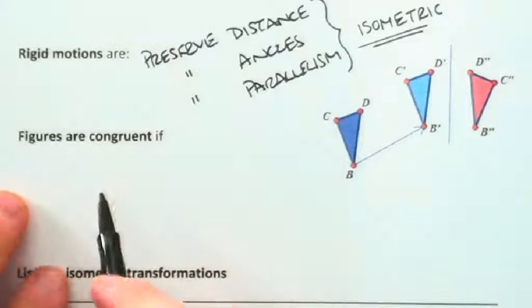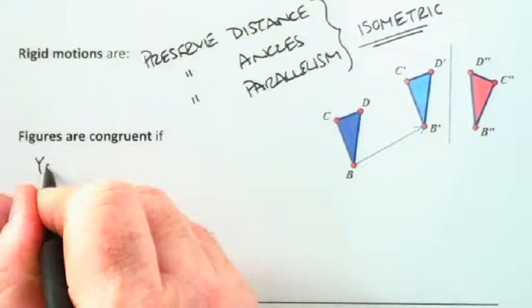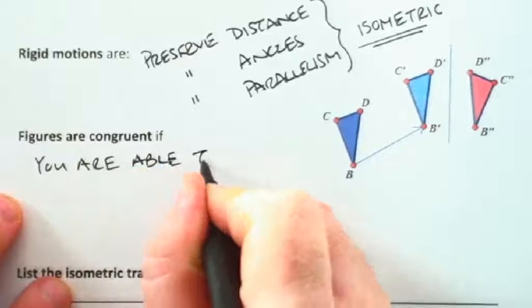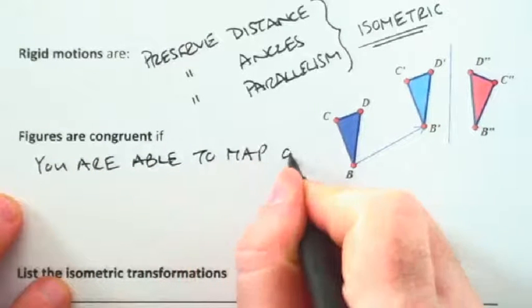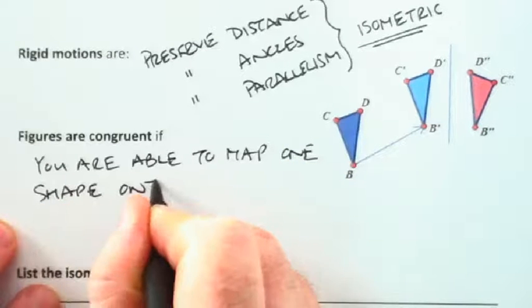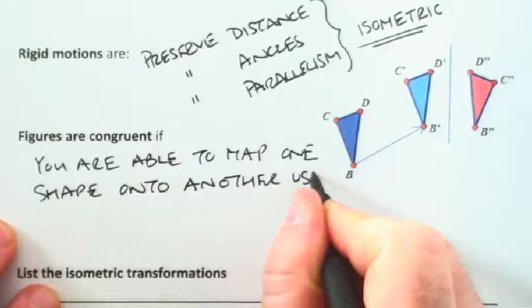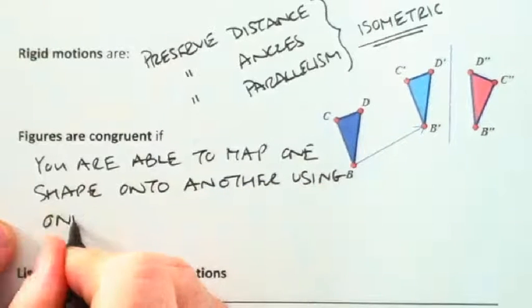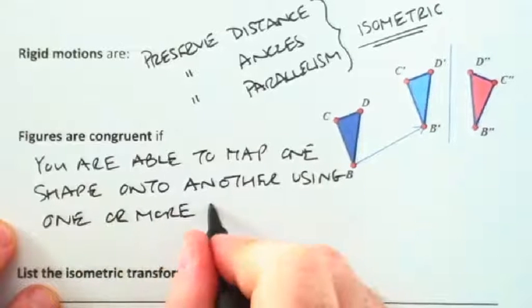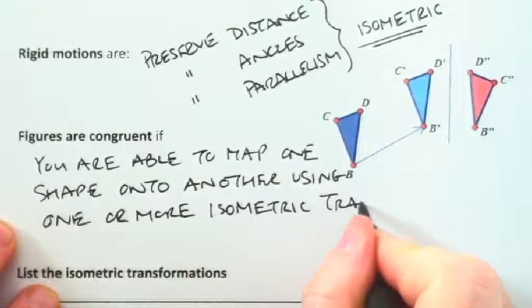Now, we're going to define two shapes to be congruent if you are able to map one shape onto another using one or more isometric transformations.